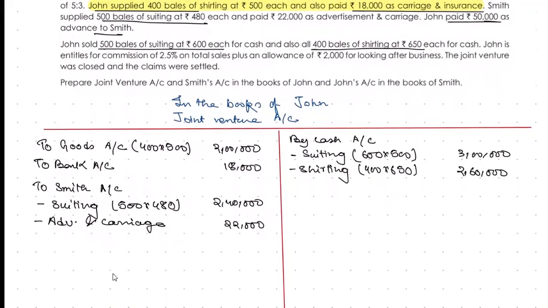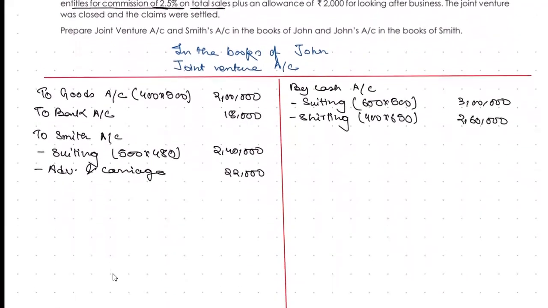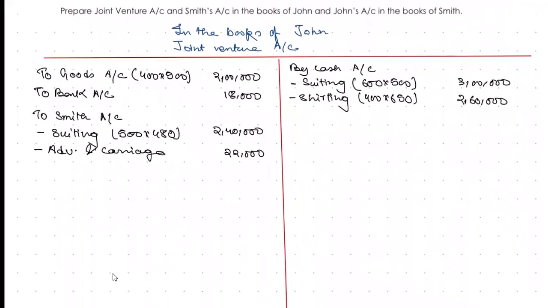Now see, John was entitled to a commission of 2.5% on sale. So what is the sale that he has done? 5,60,000. On that 2.5%, so I can write to commission account, because it's his own book. 5,60,000 into 2.5%, how much is it? 14,000.